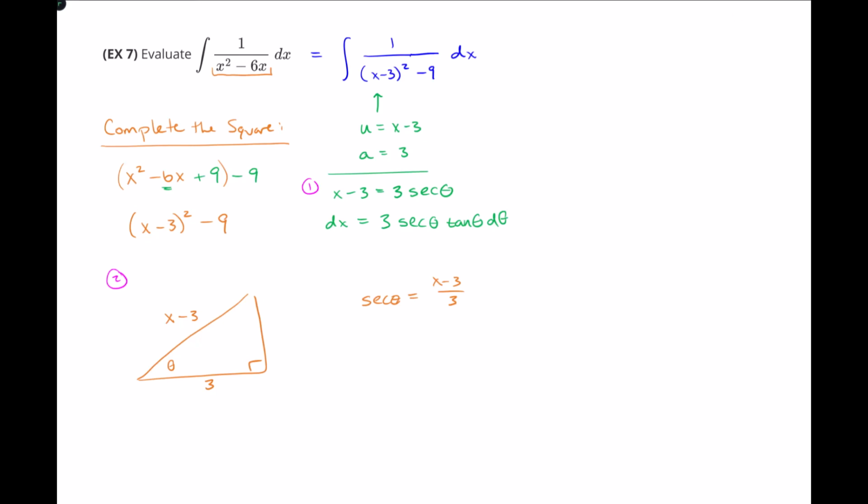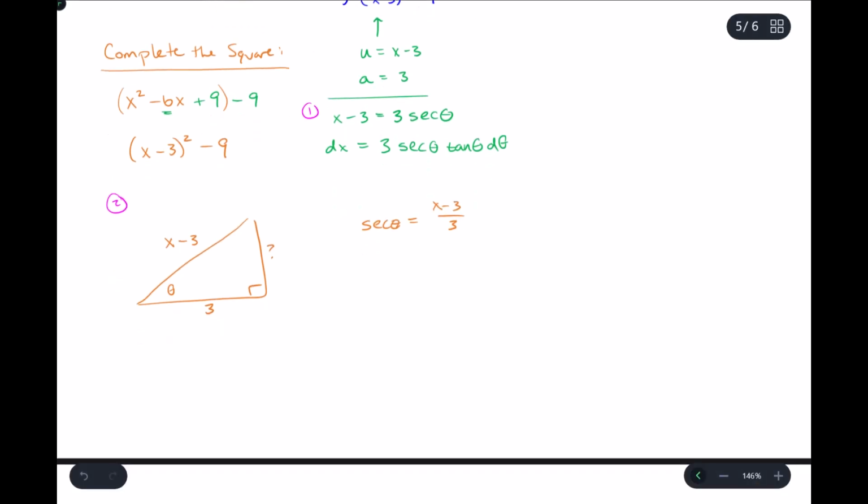And then this remaining side, if I solve for it, would be 3 squared plus whatever that side is squared equals x minus 3 quantity squared, or whatever that side is equals x minus 3 quantity squared minus 9. When I take the square root of that, it's the square root of x minus 3 squared minus 9.